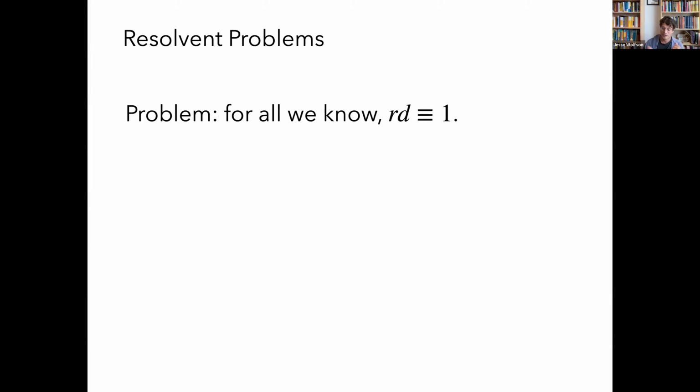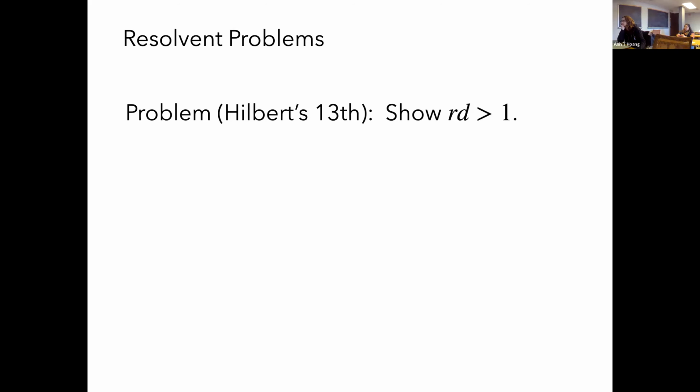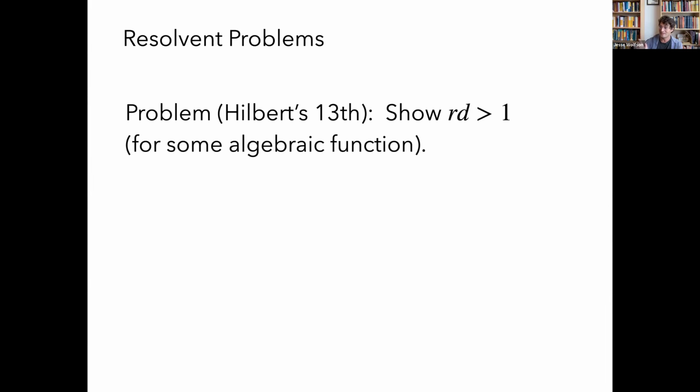We don't know. We don't have any methods at present for proving non-trivial lower bounds on resolvent degree. Hilbert's 13th problem, you can capture the essence of it by saying, show that resolvent degree is greater than 1 for some algebraic function. We don't have a single example.